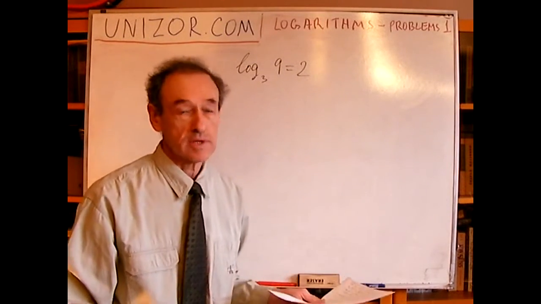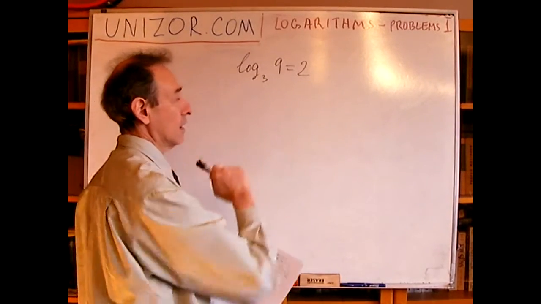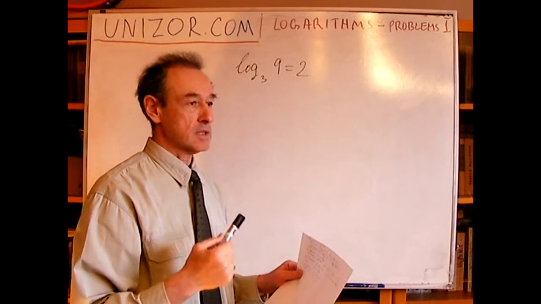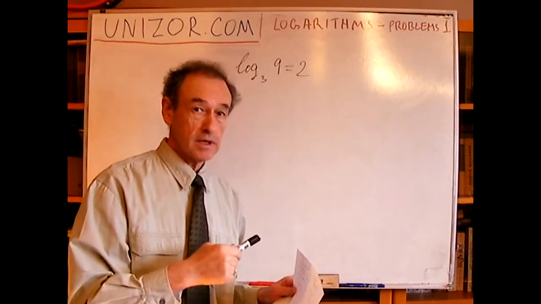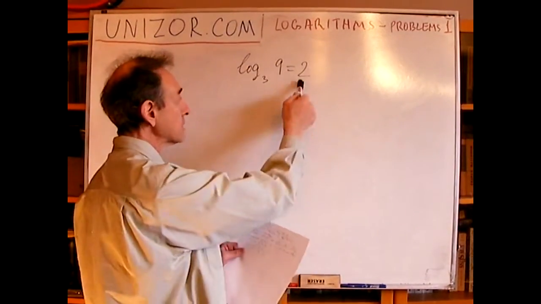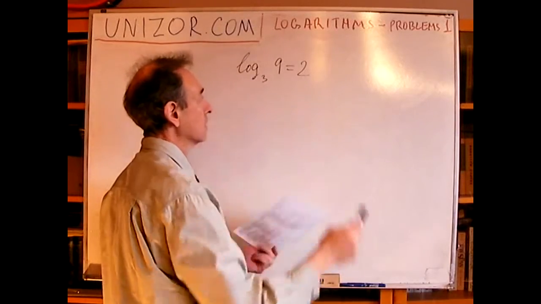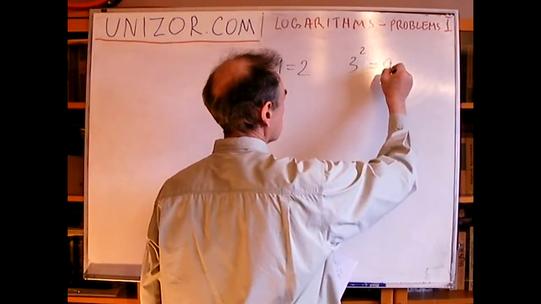What's the definition of the logarithm? Okay, the logarithm of 9 with the base 3 is the power we have to raise 3, the base, to get 9. Now obviously this is 2, because 3 to the power of 2 is equal to 9.